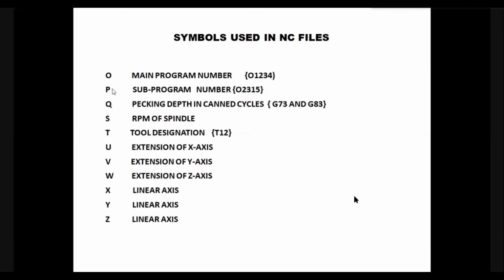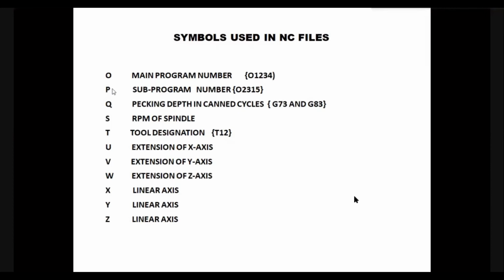Canned cycles are used for performing drilling operations or boring operations, and in drilling operations, tapping operations are also performed in canned cycles. In boring operations, we will be having precision boring cycles, and in drilling operations, the depth of the drill will vary from hole to hole.